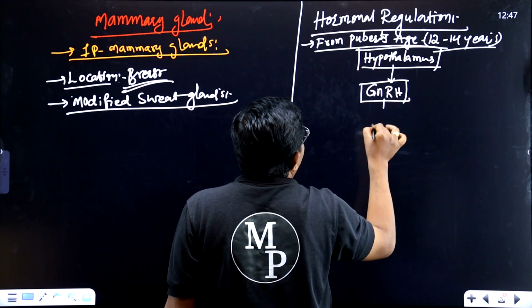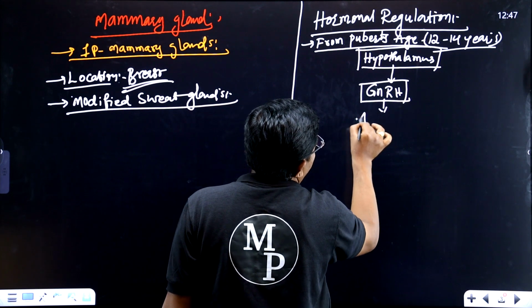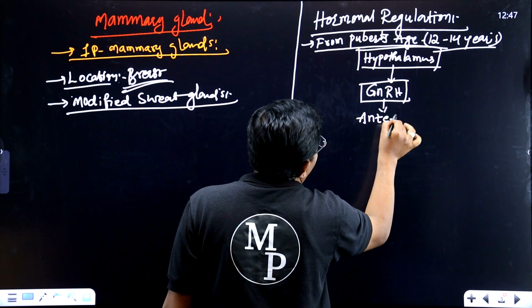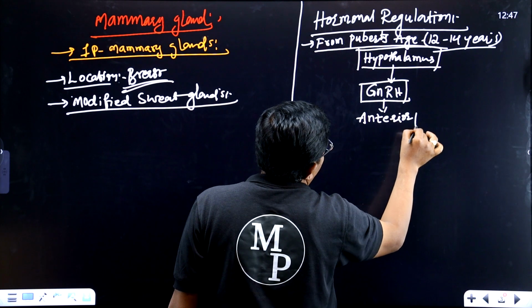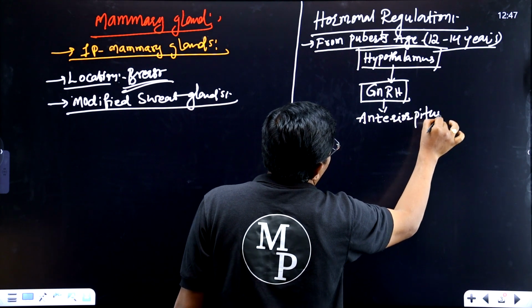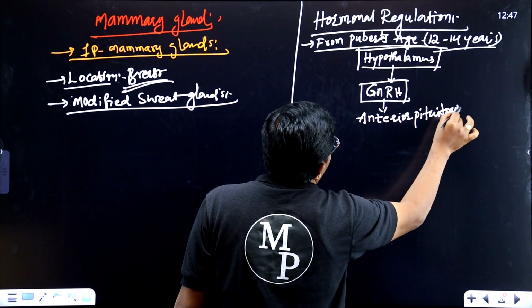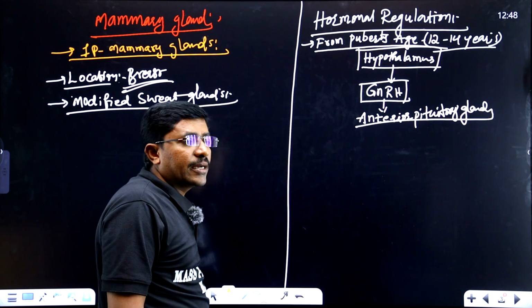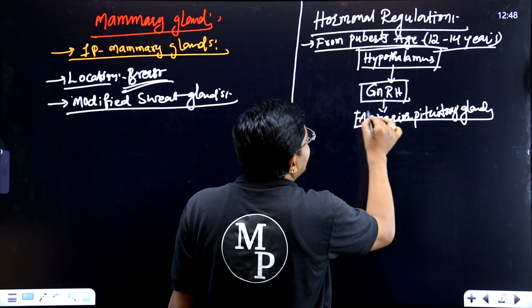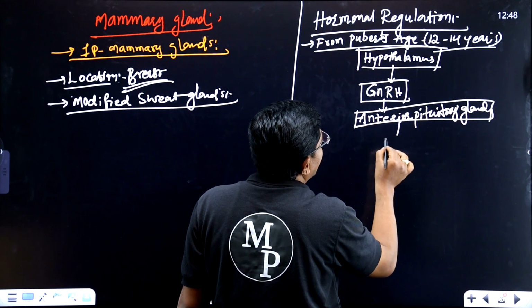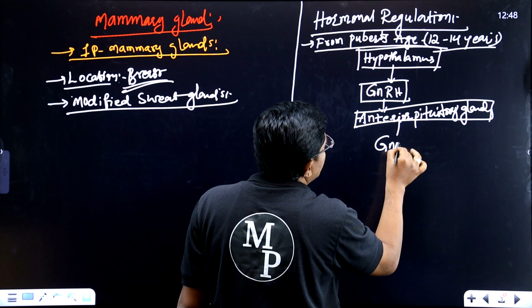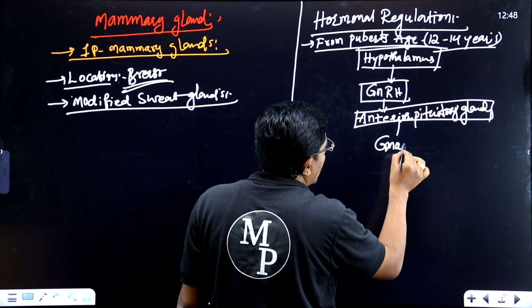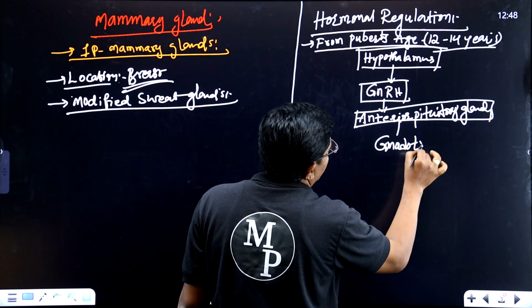This gonadotrophin releasing hormone stimulates the anterior pituitary gland. Now this anterior pituitary gland releases gonadotrophins.